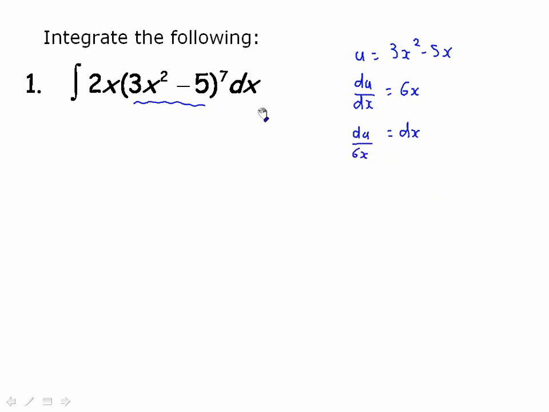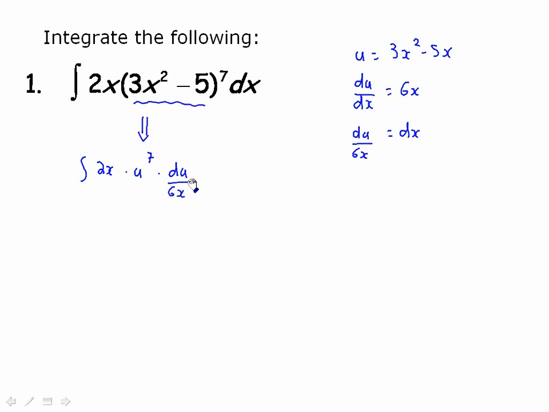And the reason I did that is because I want to use the substitution I made to express this one in a different form, where we can work it out. Because what we get now is the 2x is there, and that's the problem term. But this is 2x times u to the 7. And then dx we replace with du over 6x.